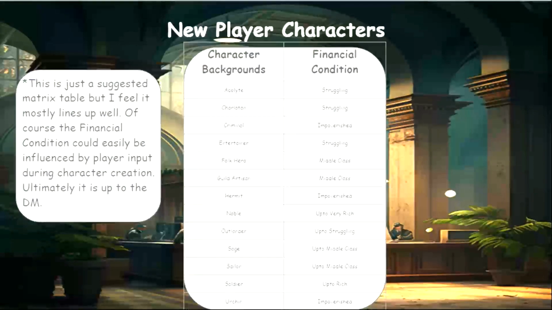Acolyte would be struggling, a charlatan would be struggling, a criminal would be impoverished, an entertainer would probably be struggling, a folk hero may be middle class, a guild artisan, again, maybe middle class, a hermit, probably impoverished, a noble, up to very rich, an outlander, probably up to struggling, a sage, maybe middle class, a sailor, again, maybe middle class, maybe more, depending on what their rank was. Again, this is all dependent on their backstory. A soldier, again, up to rich, depending on what their backstory is, and an urchin, probably impoverished.